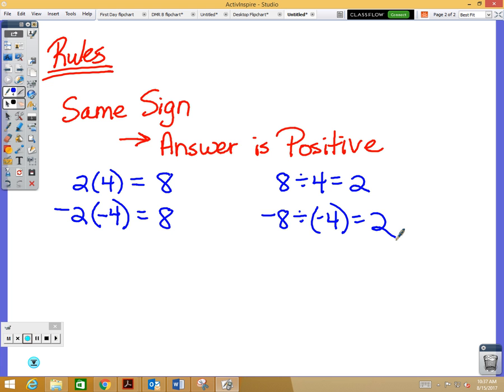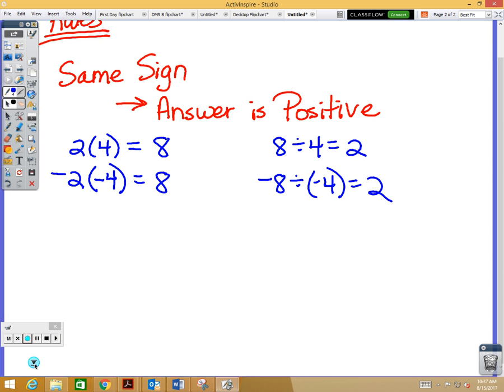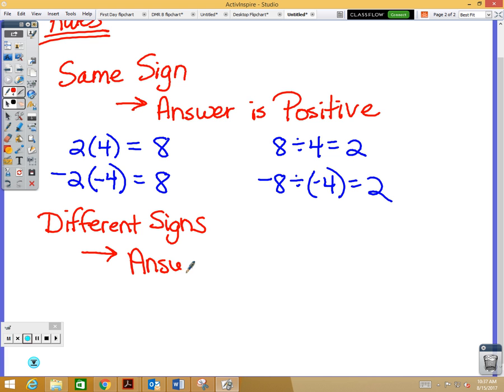Now, if our signs are different, so different signs, then our answer is going to be negative. If our signs are different, then the answer is negative.